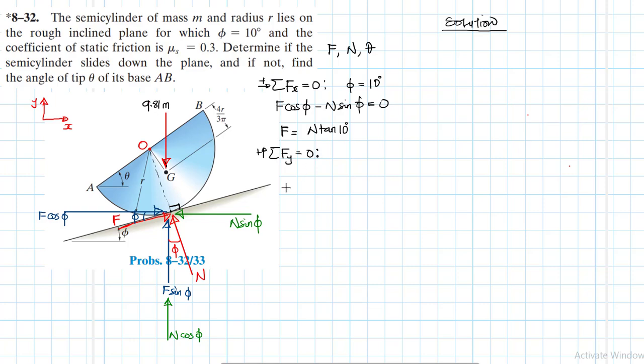Okay. What do we have? We have minus 9.81 m plus n cos phi plus f sine phi, equal to 0.